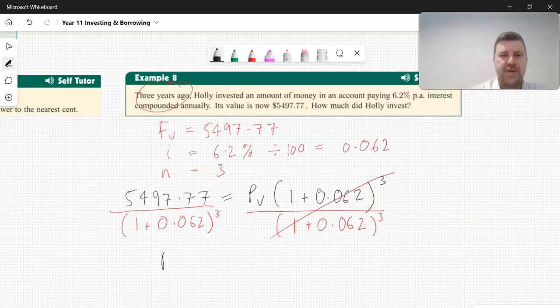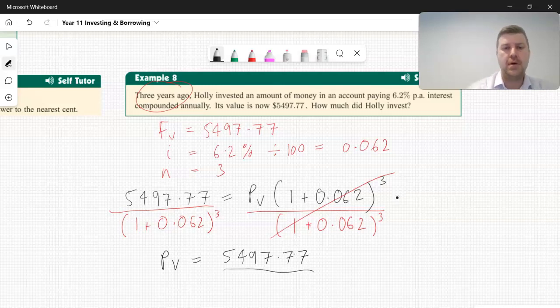So the present value, the initial principal that was invested, is equal to $5,497.77 divided by 1.062 to the power of 3.